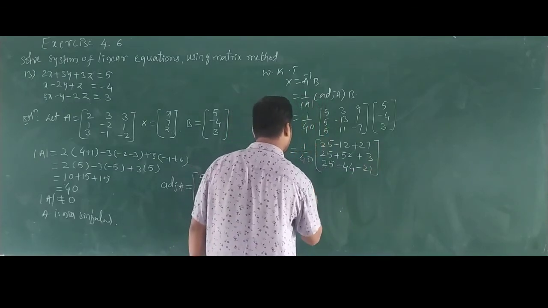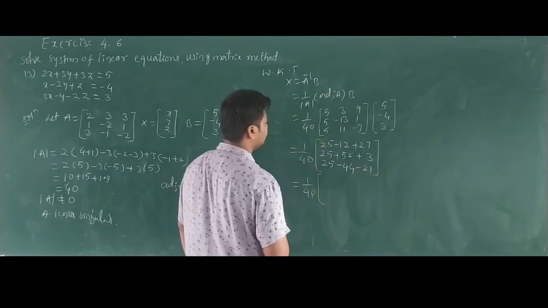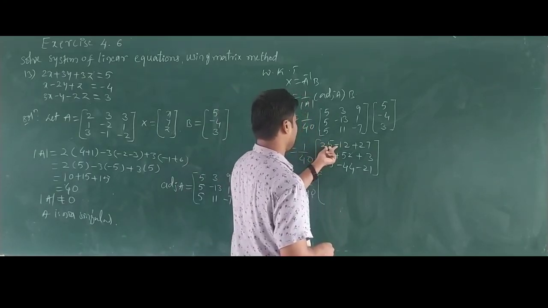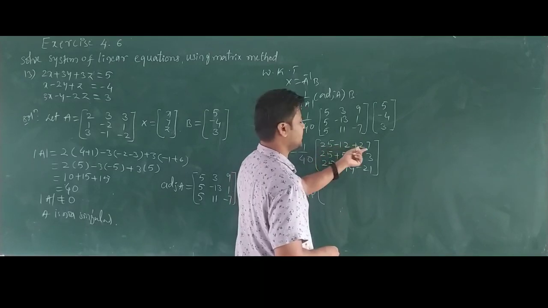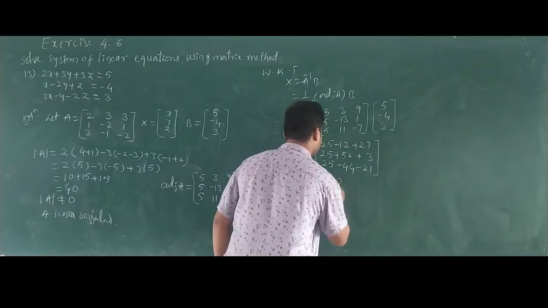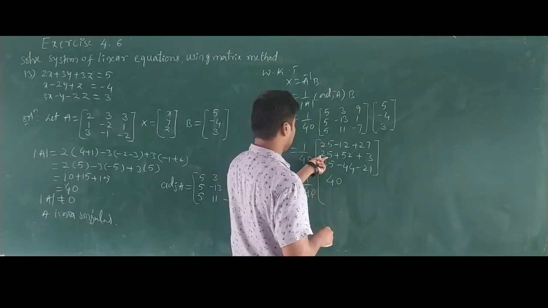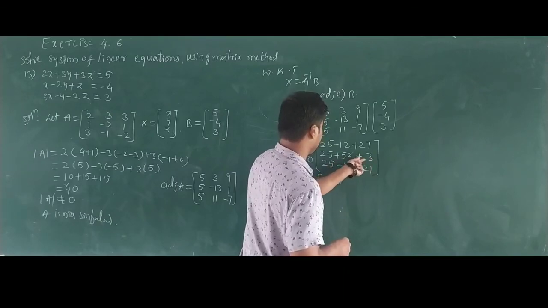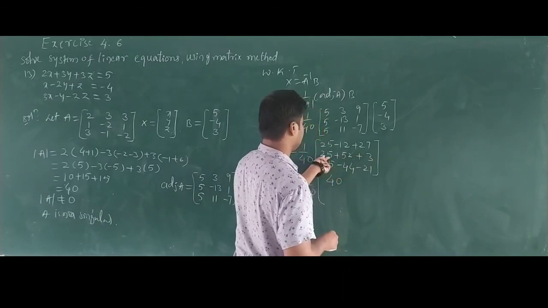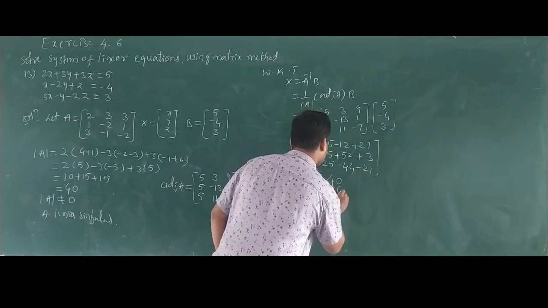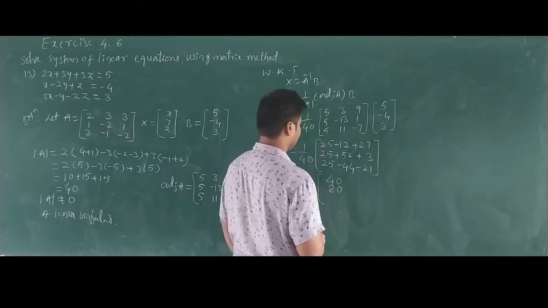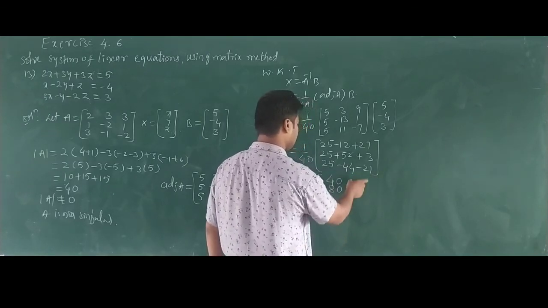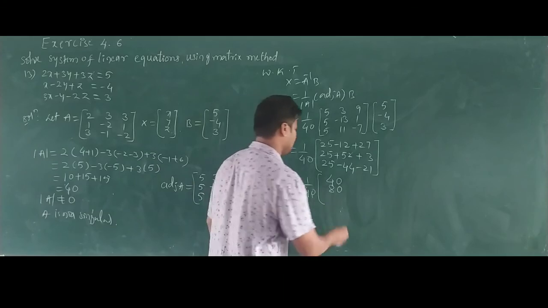This side will be 1 by 40 into: 25 minus 12, 13, 13 plus 27, this is 40. Then 25 plus 52 plus 3 is 80. Then 65 minus 25 minus 40, this is minus 40.